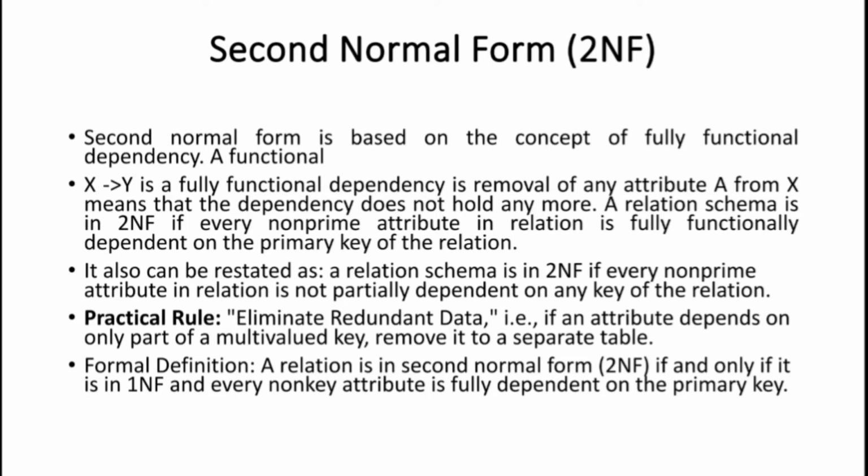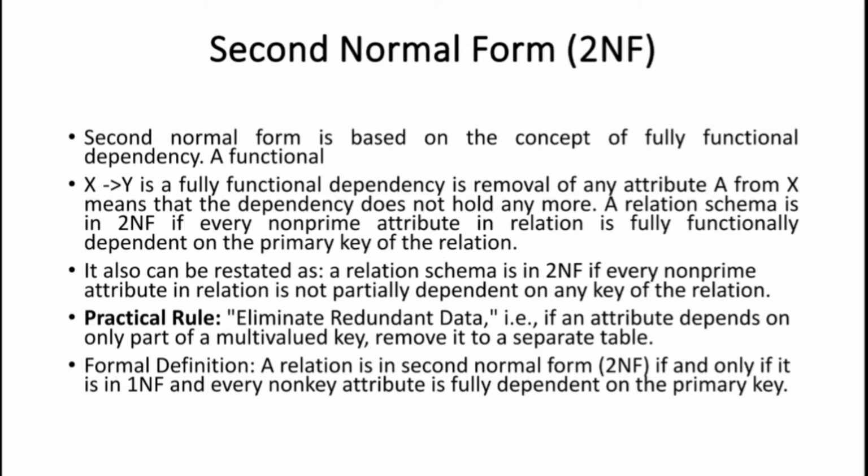See here, what is fully functional dependency? X tends to Y is a fully functional dependency. This symbol means "tends to", X tends to Y. You can ask a question, what is X and what is Y? X is one attribute, Y is one attribute.